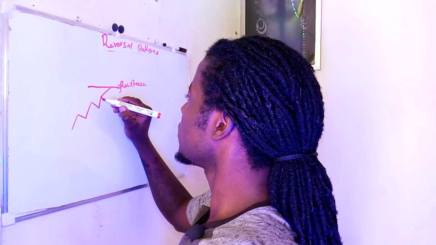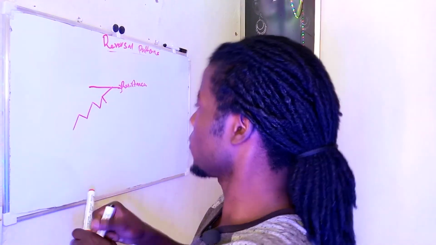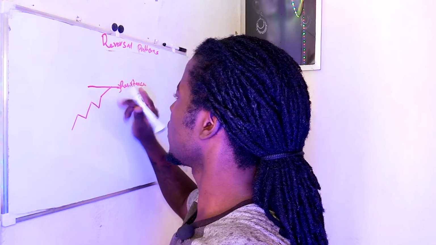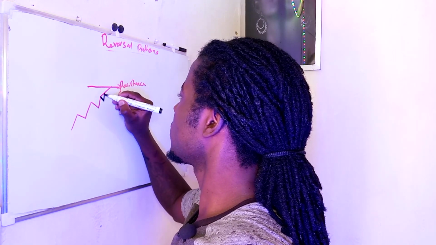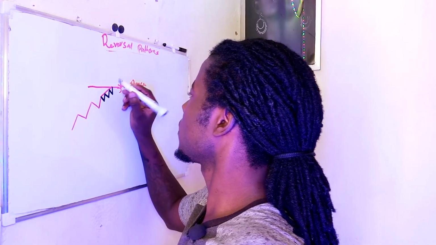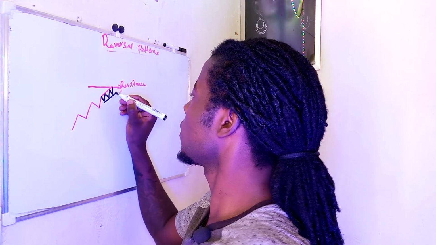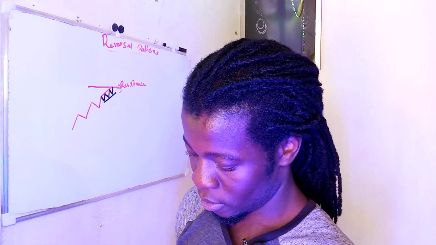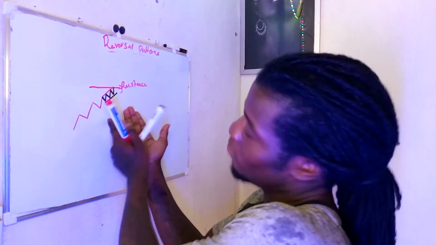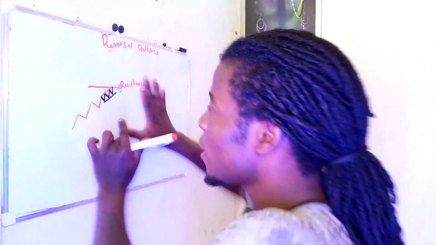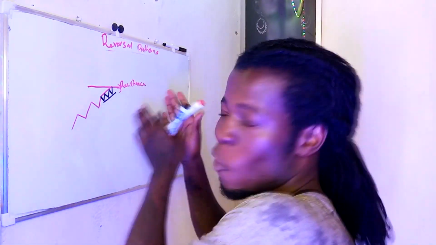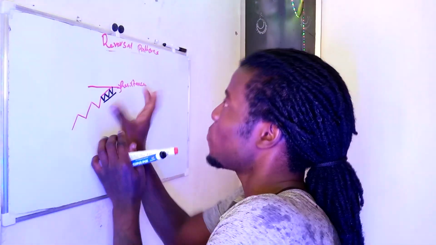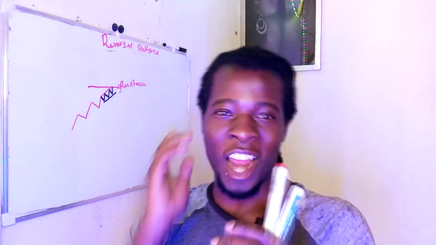Now the market does this. Let me draw using a different color. The market does this. That's what's up. Easy, right? So anytime you see that the market has approached our resistance with this type of pattern, anticipate a reversal.